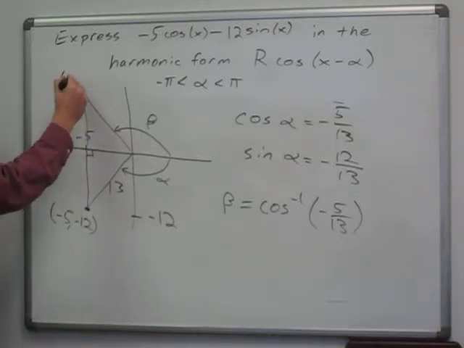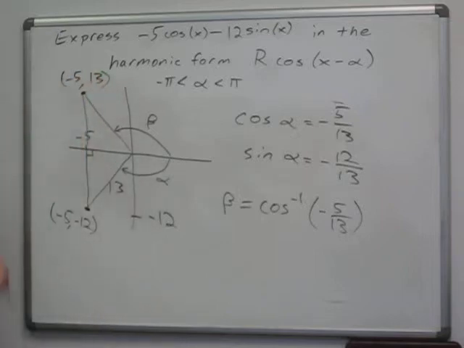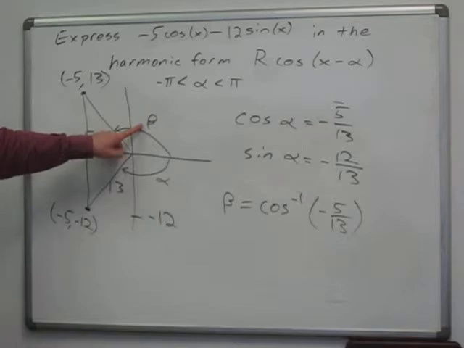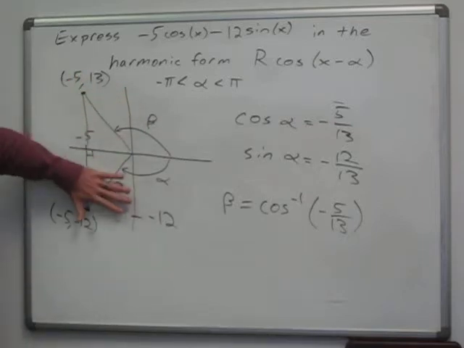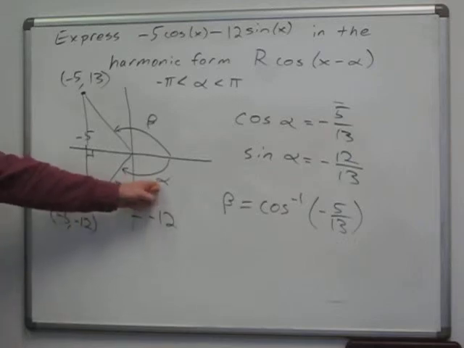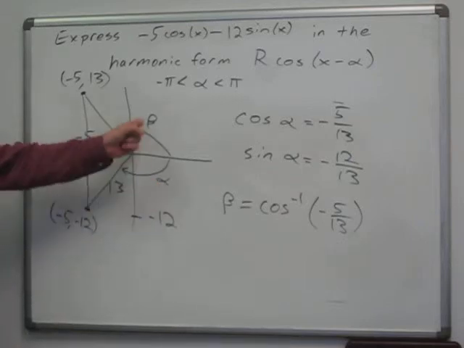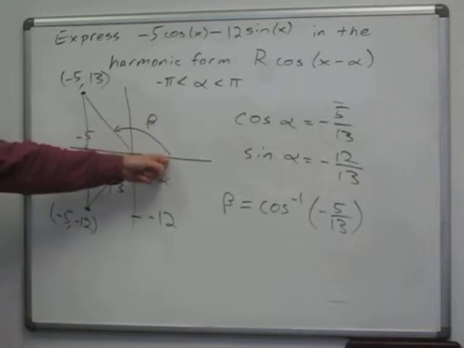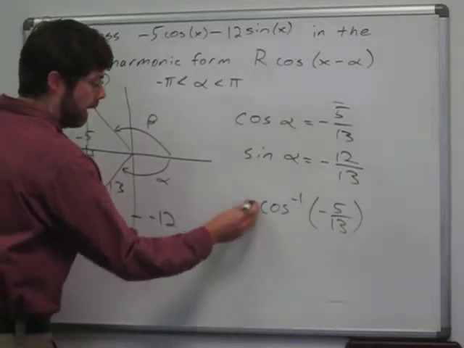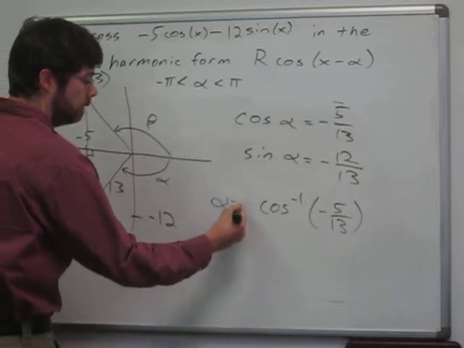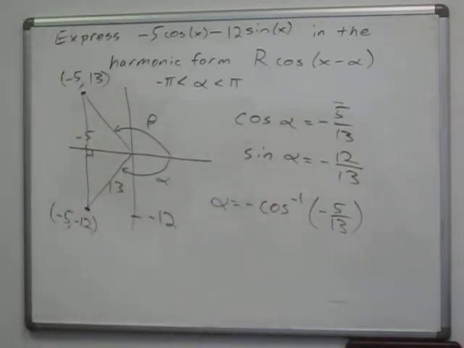This point up here would be negative 5, positive 13. So this is not the angle that I want, but if I just take this picture and fold it down in order to get my alpha, then instead of this angle, I simply want the negative of that angle. So my alpha is negative cosine inverse of negative 5 over 13.